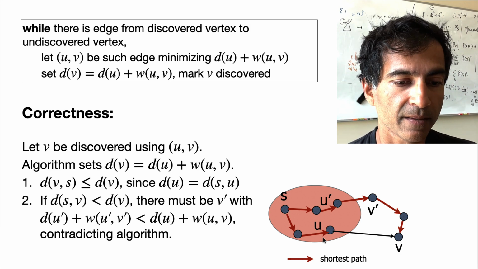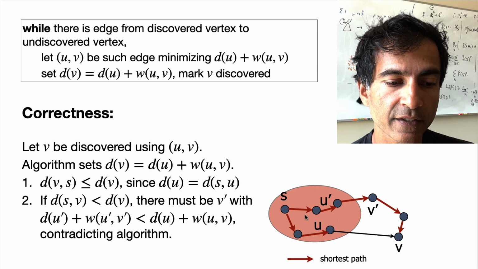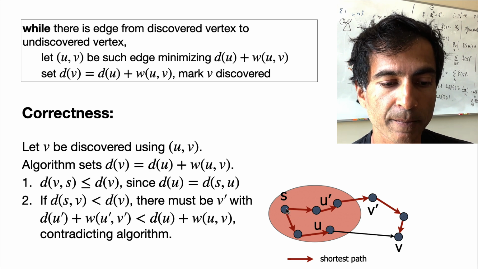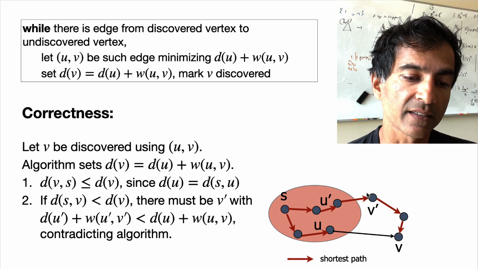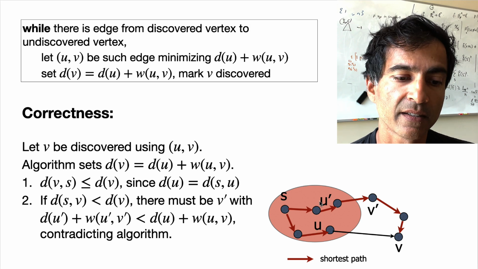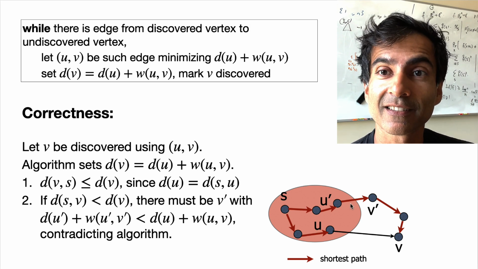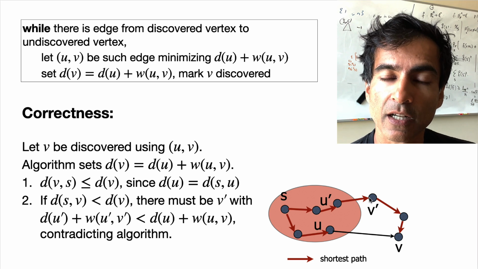That's true because if it was not the shortest path distance, if there's some other shorter path that goes from S to v, then this vertex v prime, which is the first vertex on the path that goes outside the discovered set, would be cheaper to discover than v.